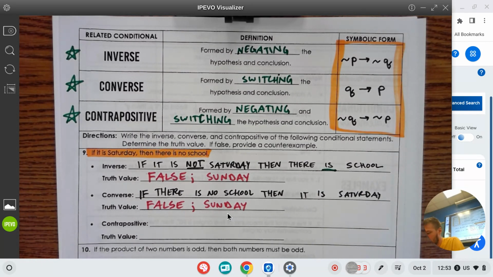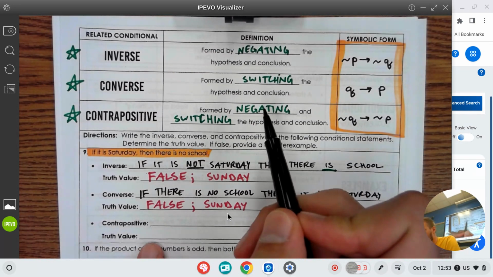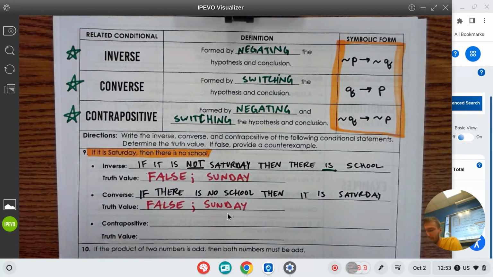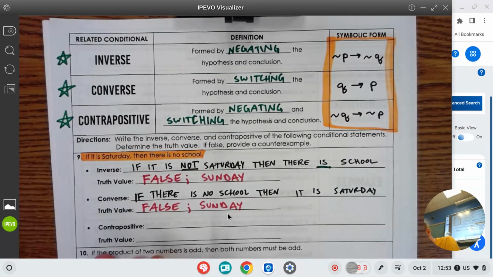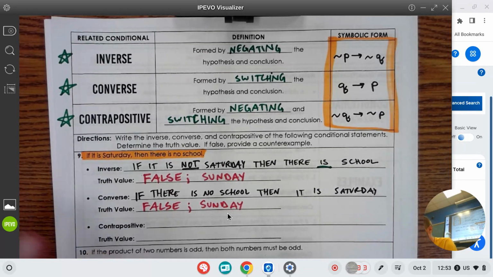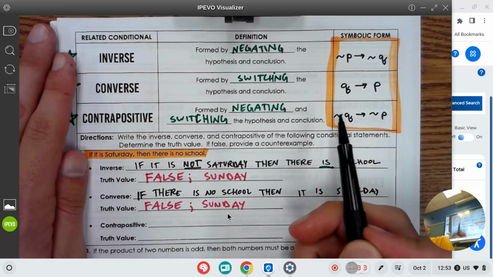Last one here. Contrapositive. That means do the double. It's the big crazy word. You got to do everything different. You got to switch the order and get the opposites. So that means that Q needs to come first and be negated.